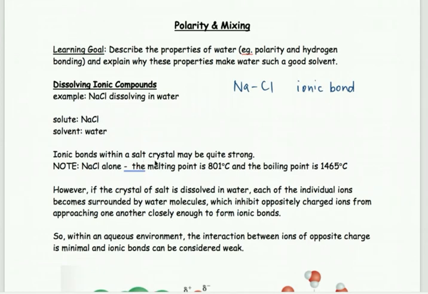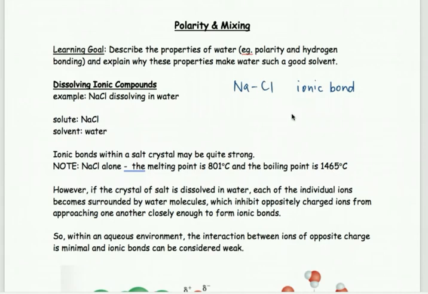If you try to take sodium chloride, the solid, and melt it into a liquid form, you have to add an 800 degrees Celsius temperature to it. If you somehow get it to a liquid and then you want to boil it, the temperature is even higher. Again, it takes a lot of energy to overcome that ionic bond.